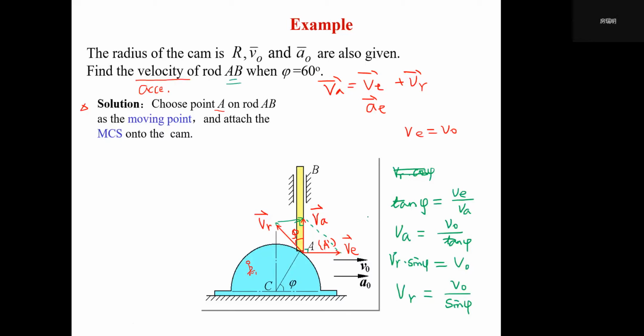After we finish this, we will try to use the same pattern to find the acceleration of rod AB. So let us do this together, right? Back to here.